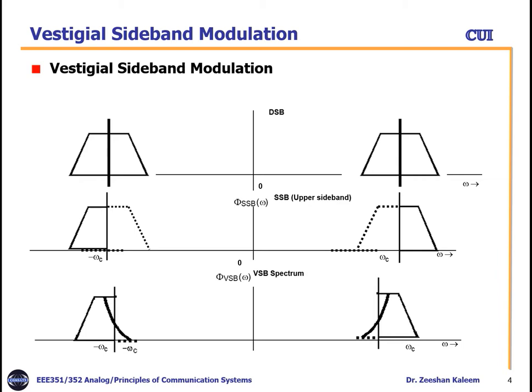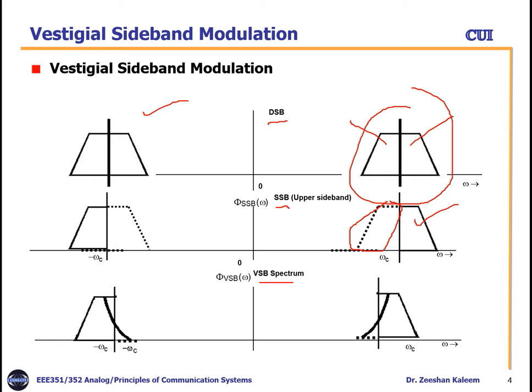Okay, let's see. This is a comparison between the double sideband, single sideband, and vestigial sideband, and how their spectrum looks. So this is the double sideband case. They are plotting both positive and negative frequencies as well. So let's only discuss this portion because this one will be similar to that one, right? In double sideband, there is one upper sideband and the other lower sideband. In single sideband, this lower sideband is suppressed. It's plotted dotted to show that it is not transmitted, so only the upper sideband is transmitted.